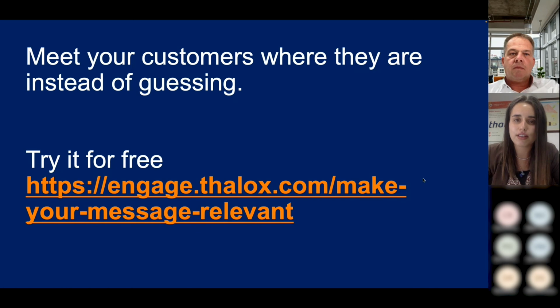And lastly, but certainly not least, allow yourself to send the relevant message to your audience. That's the only way you can have better engagement with them and also contribute to a long-lasting relationship with your customers.